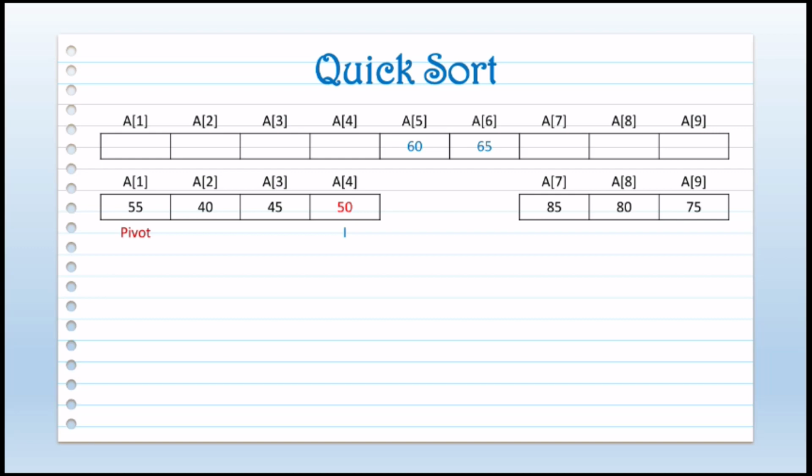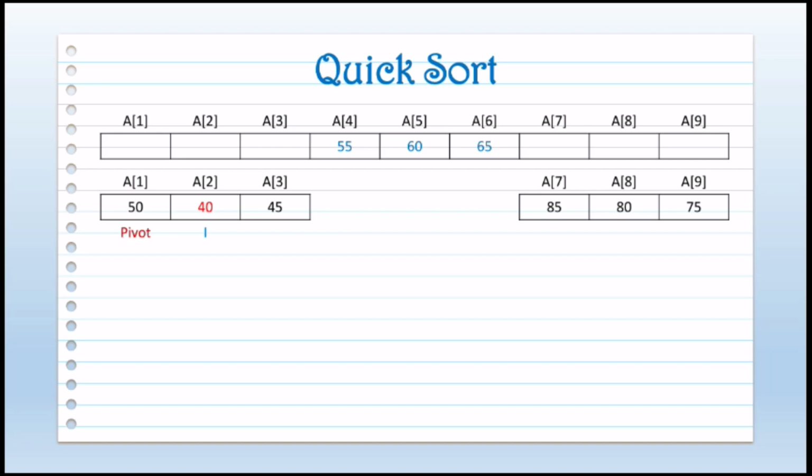So there is no element further. So we will exchange 50 with 55. So now we have got the position of 55, that is it will be at the 4th position, and the elements before the 55 are less than 55. So again apply the same process.